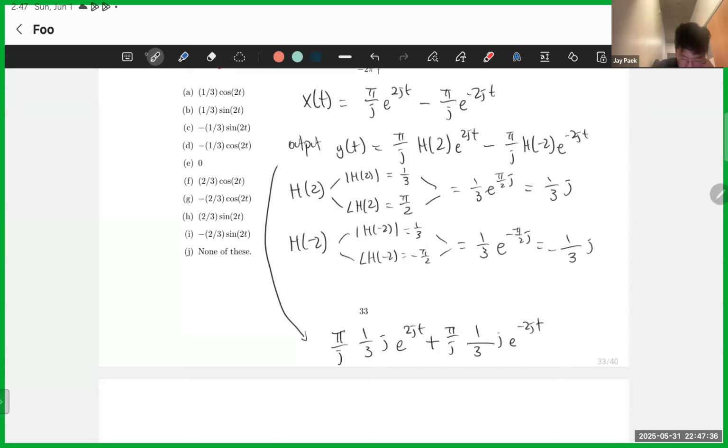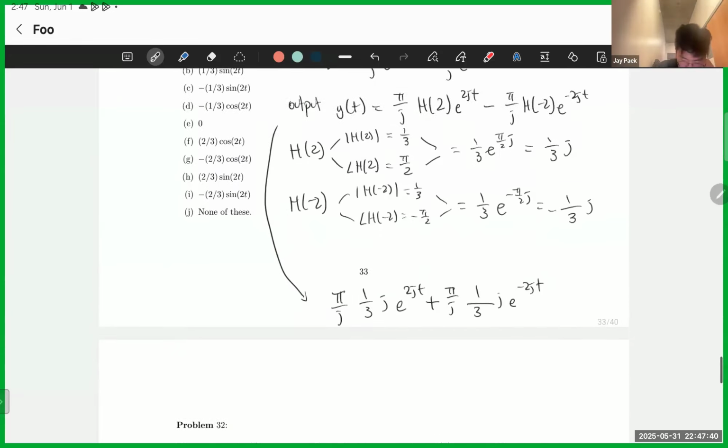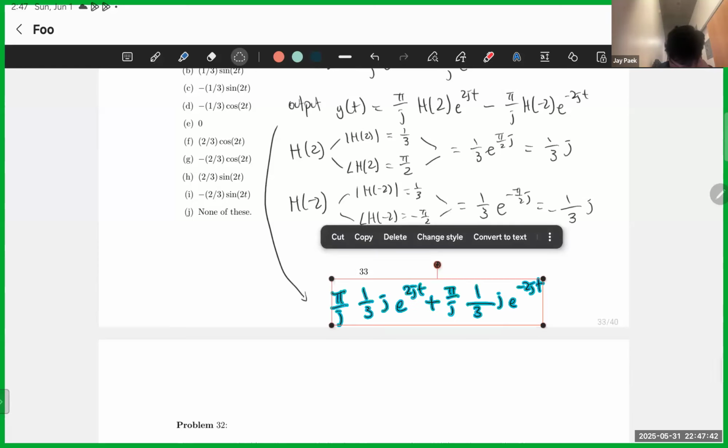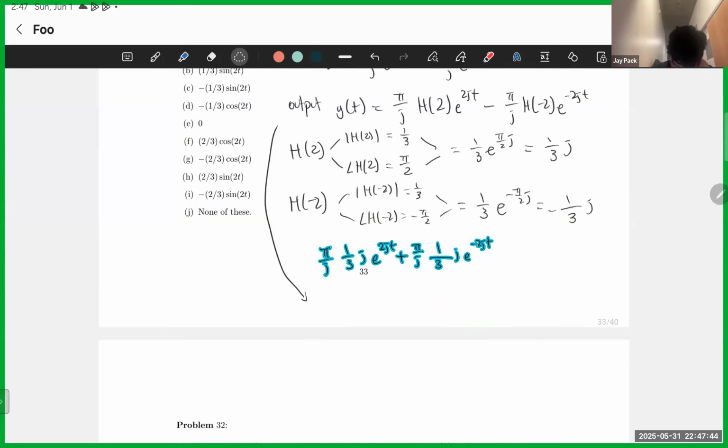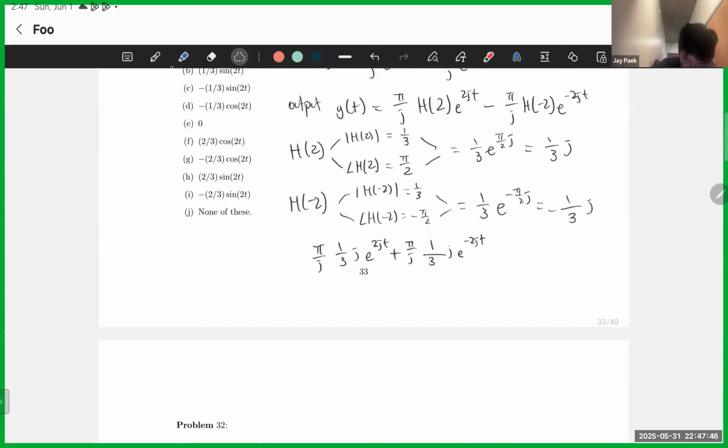And then now we realize that a bunch of things cancel out. Oh my, it's gonna overflow. That's not fun. I've been writing a little big. This is equal to pi over 3 e to the 2jt plus, oh, what do you know? It's again pi over 3 e to the negative 2jt. This is just pi over 6 cosine of 2t.